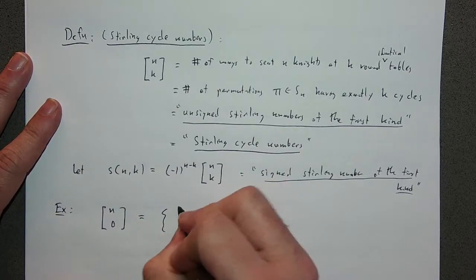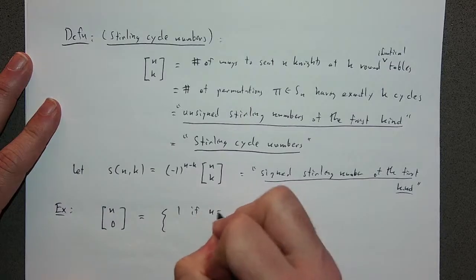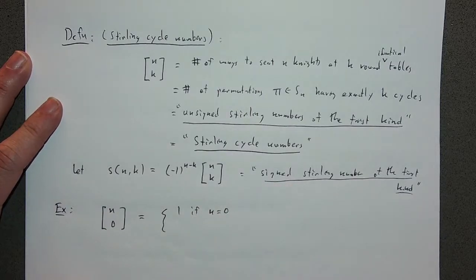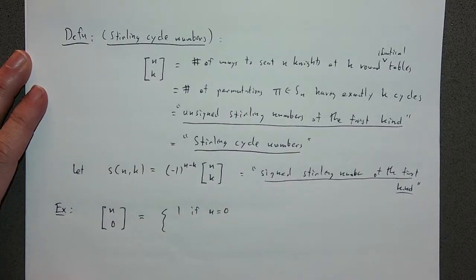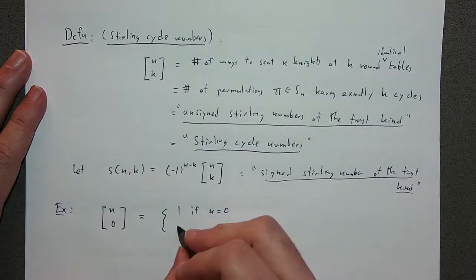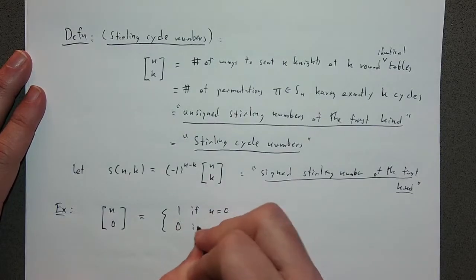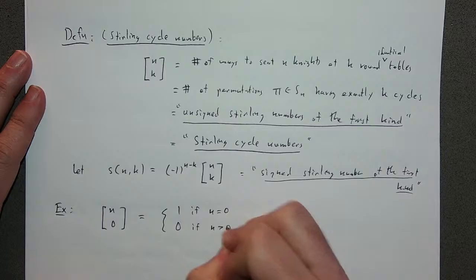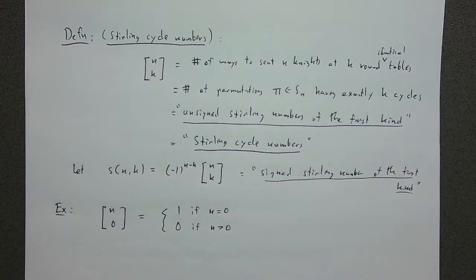So this is 1 if n is equal to 0. Vacuously we'll say there's one way to seat 0 knights at 0 tables, and 0 otherwise. So if there are a non-zero number of knights, then there are 0 ways to seat those knights at 0 tables. That makes sense intuitively.